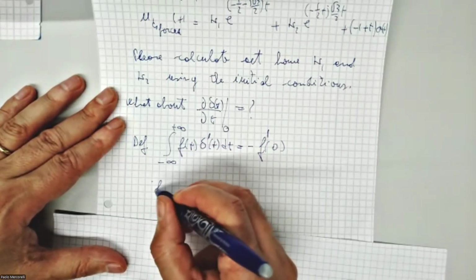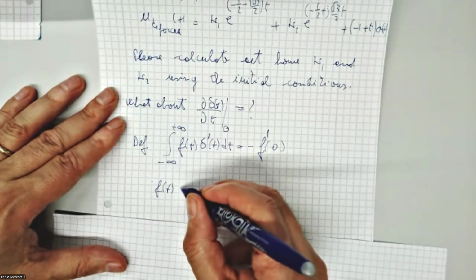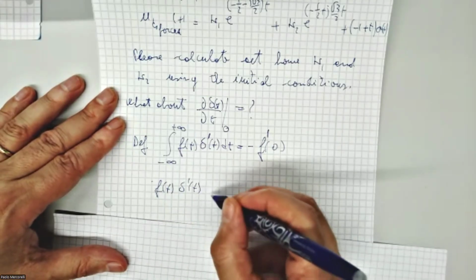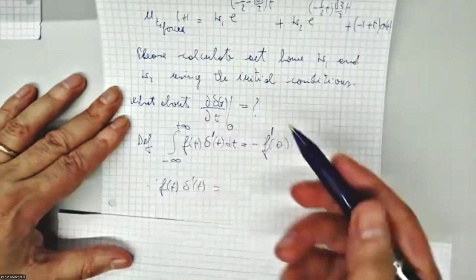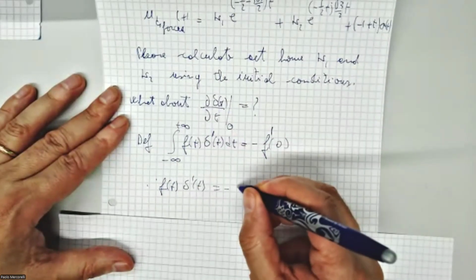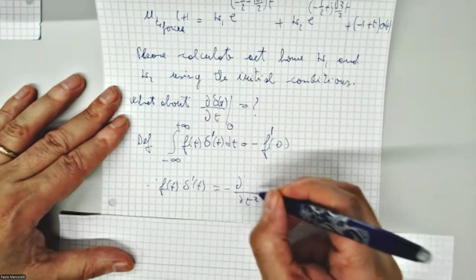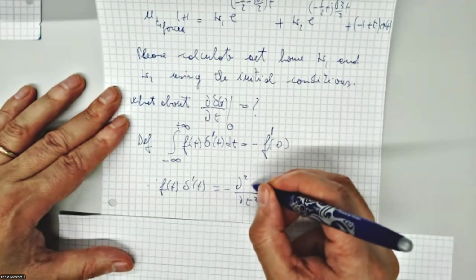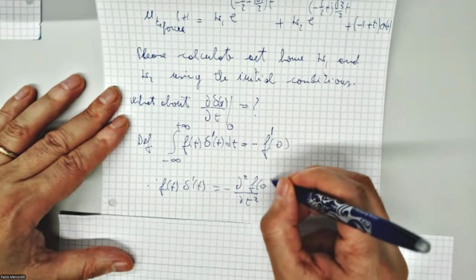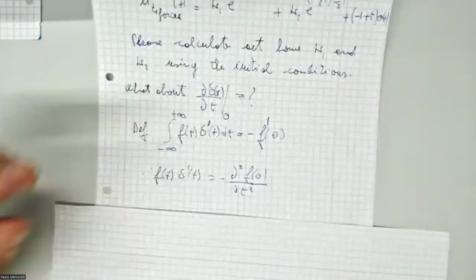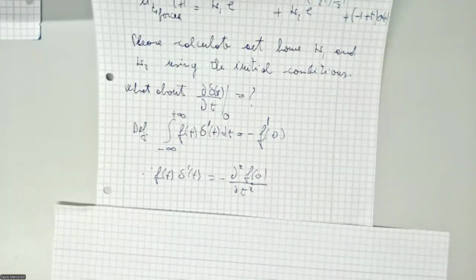You remember that this is math, no? I eliminate the integral, and we get the second derivative of f calculated at 0. This is quite abstract, but a possible interpretation can help us a little bit later to understand what happens at 0.